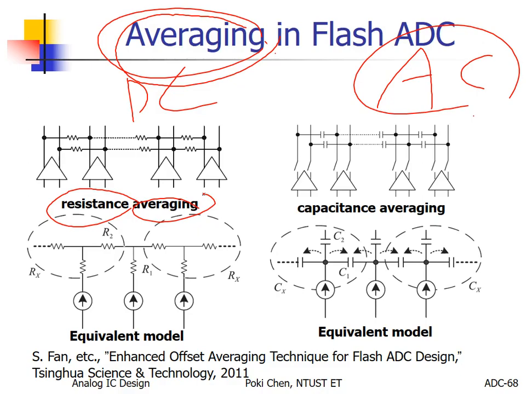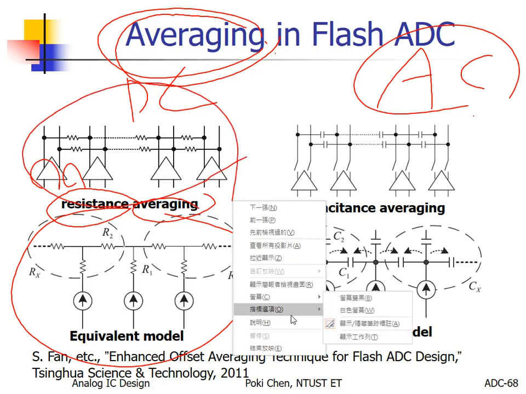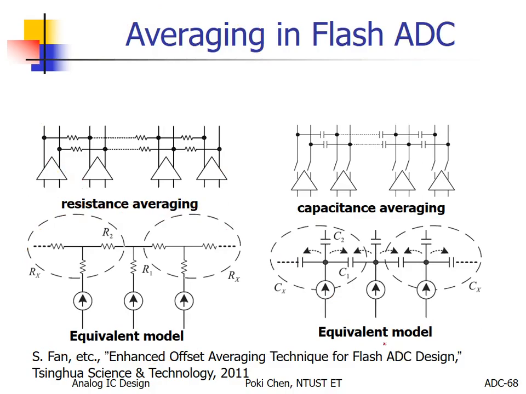For the output, positive, negative, I don't care. If you connect, that is the equivalent model. The real connection looks like this, but according to your small signal equivalent, you get this.